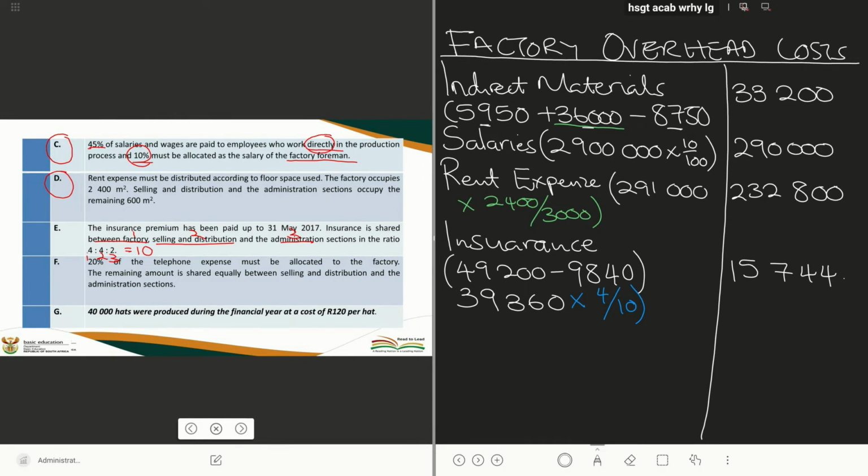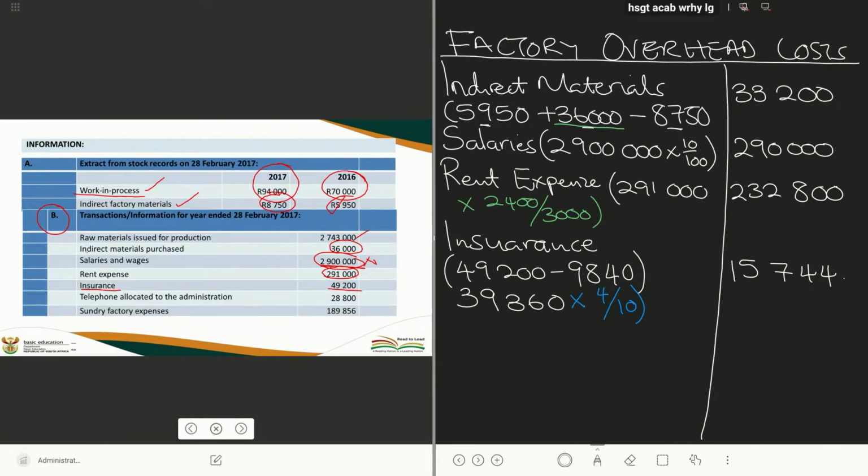The last adjustment that we have, let's see. What are they saying on the list of information? Oh, they said telephone allocated to the administration. But remember here, we don't want administration because we're in the factory overhead. But here they say telephone allocated to the admin is 28,800. So, in other words, we're going to have telephone here.